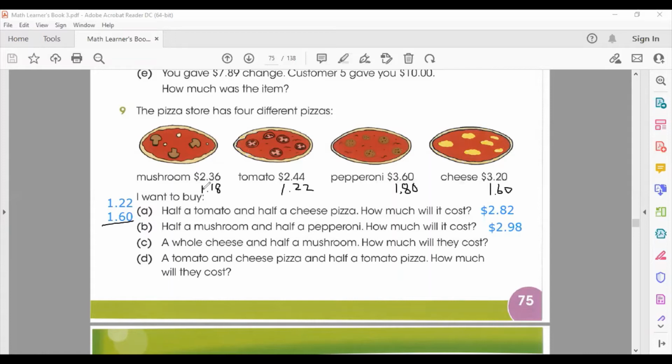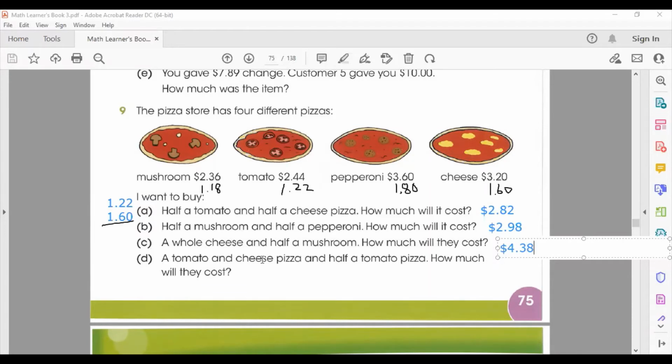We need to add these two numbers, so we will get the answer. 22 plus 20, it's 42. 3 plus 1, 4, $4.42. We need to write here $4.42.